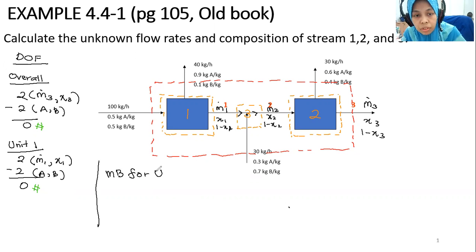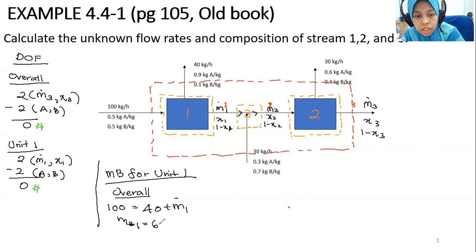Just have a look at the unit 1 box. The overall calculation: 100 in equals, you have two outlets, 40 plus M1. So you get M1 equals 60 kg per hour.